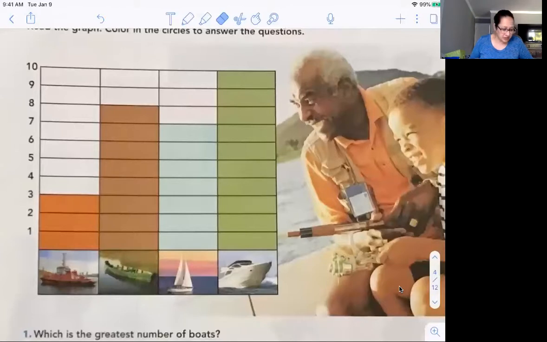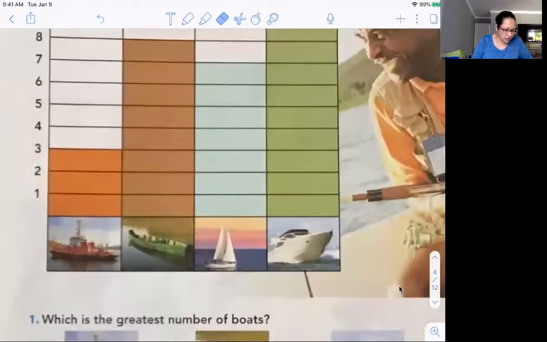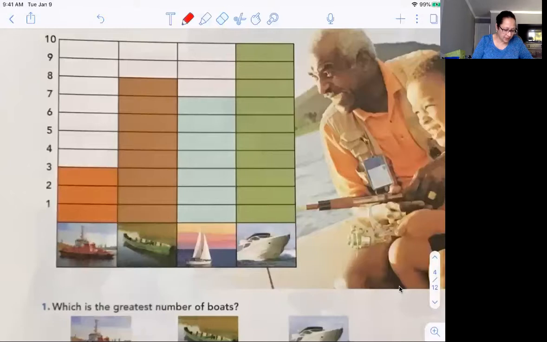So first of all, let's talk about the different kinds of boats. This one right here that I'm circling is a tugboat. Now, tugboats look very, very small, but they actually are especially made to pull heavy, big ships sometimes when something happens to them and their engine stops working, or they crash, and they're way out in the deep ocean.